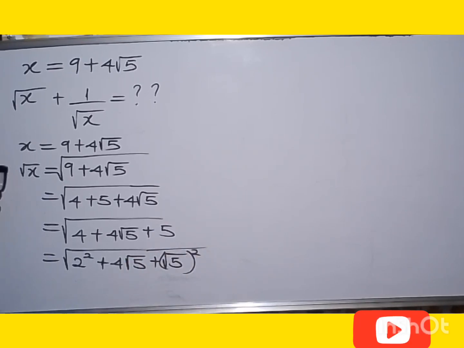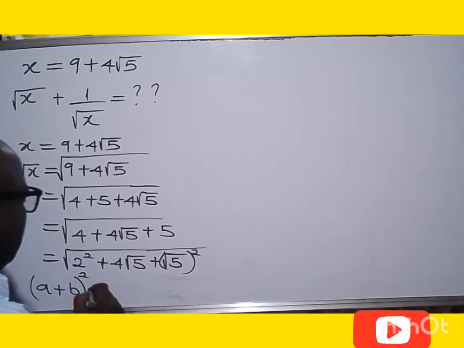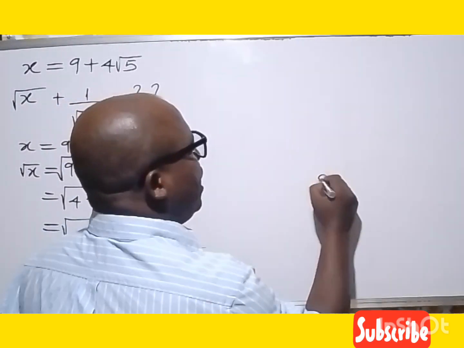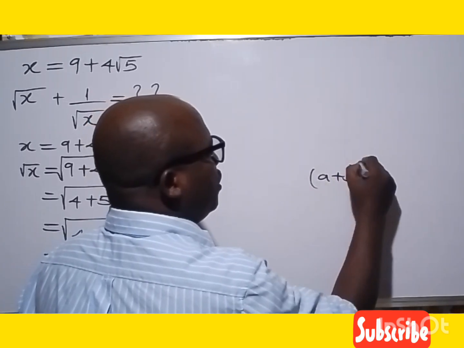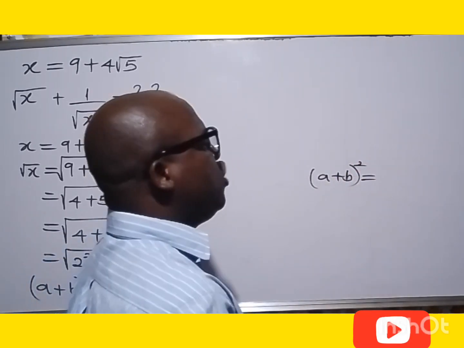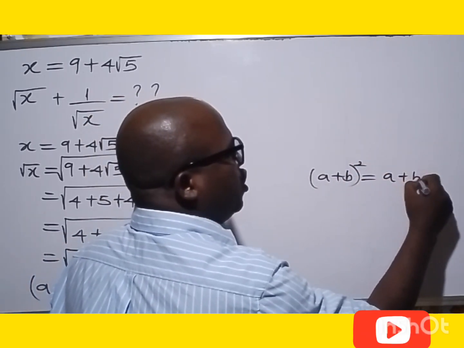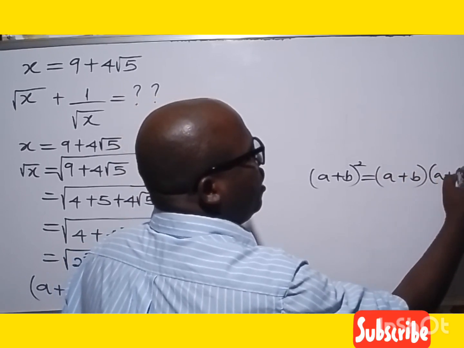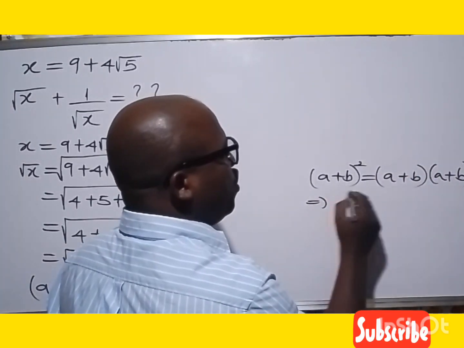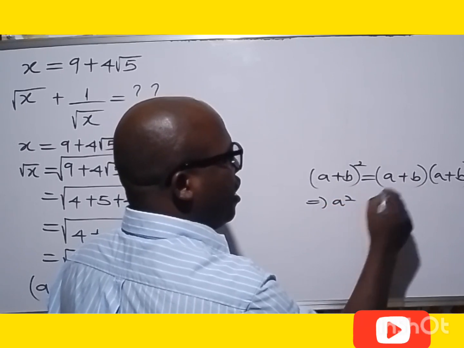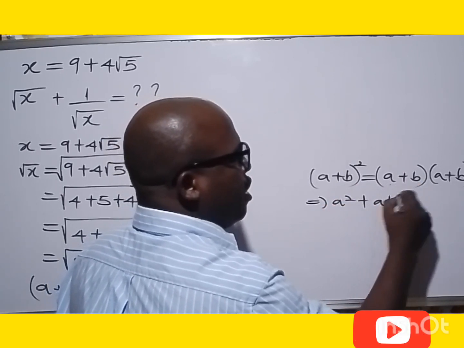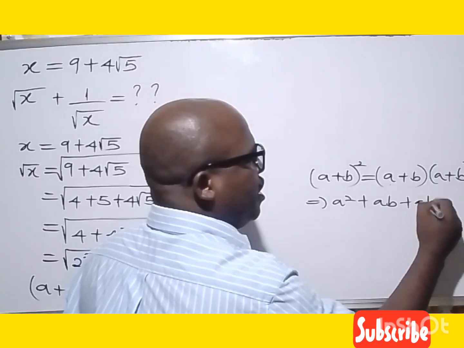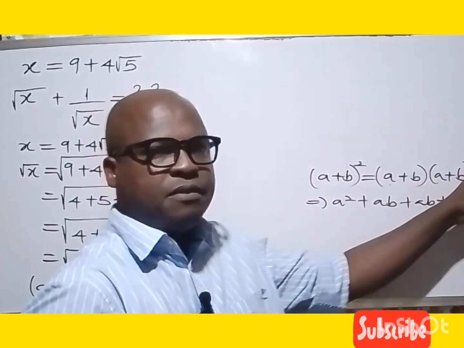We can actually relate what we have here to a plus b, everything raised to power 2. If we simplify this, we are going to have a plus b squared. This will be equivalent to a plus b into a plus b, and we are going to have a squared plus ab plus ab plus b squared.